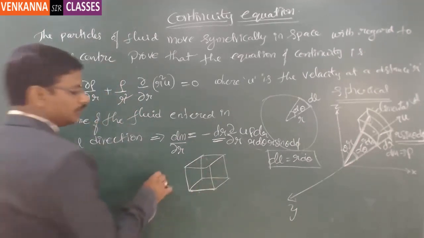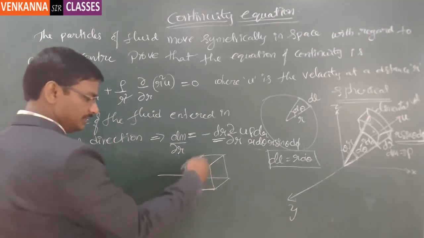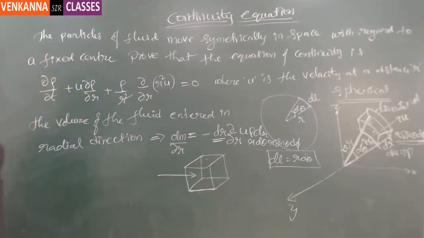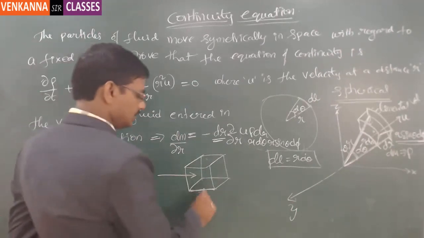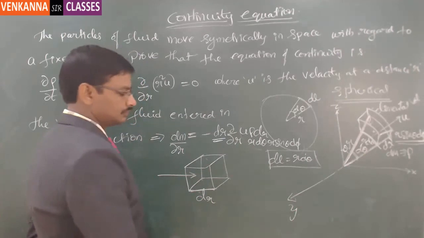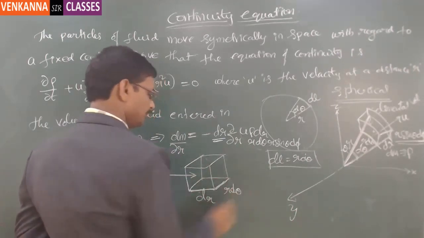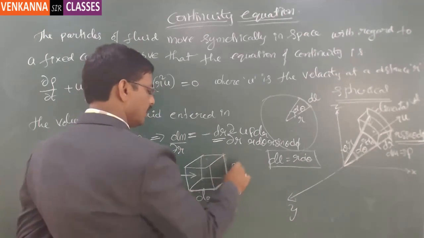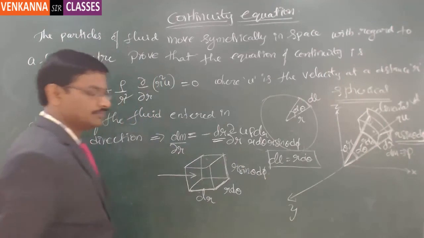Now there is a fluid that is entering into this, and the mass of the fluid within this particular volume is m, let us say. Then this length is dr, and this horizontal length is r d theta, and this vertical length is r sin theta d phi, let us say. So these are the lengths.